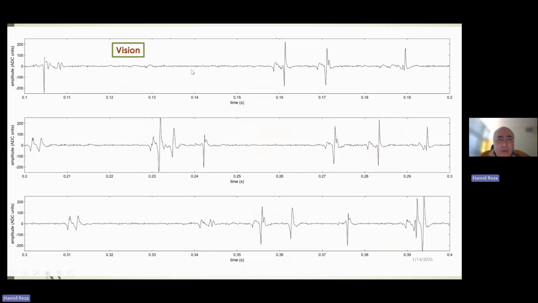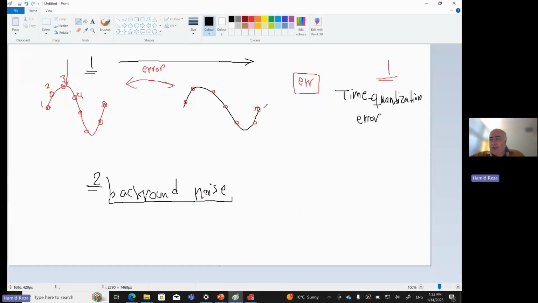So the higher the noise, the higher variability you will expect. When I get back to this one, I have background noise, and the lower the SNR, the higher variability you will expect.